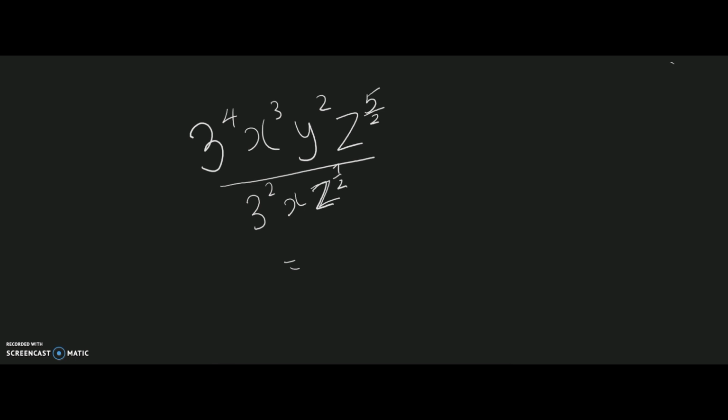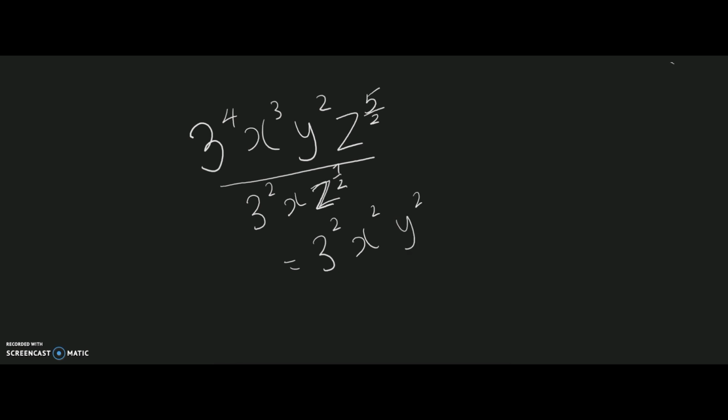So 3 to the power of 4 divided by 3 to the power of 2, same base, 4 minus 2 is 3 to the power of 2, so that comes at the top. X to the power of 3, x to the power of 1, 3 minus 1, x to the power of 2. Y to the power of 2, there's no value of y down there, so it's considered y to the power of 0. So y to the power of 2 stays the same.